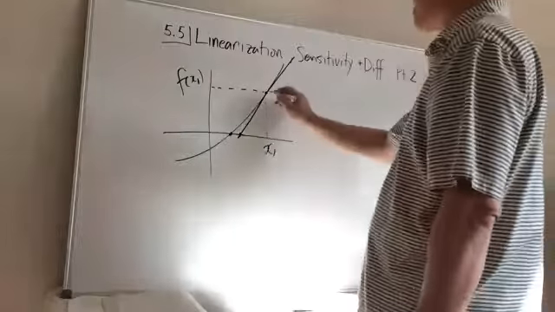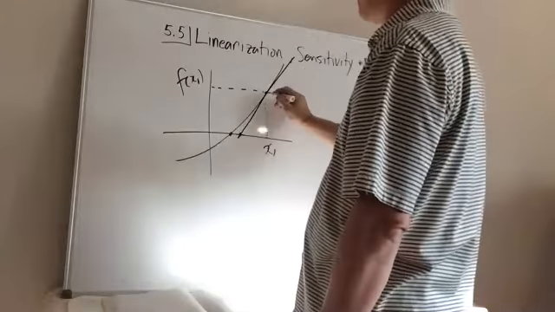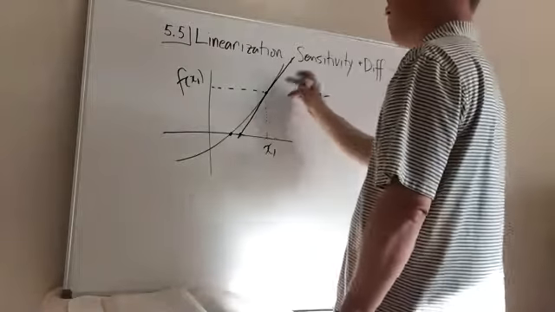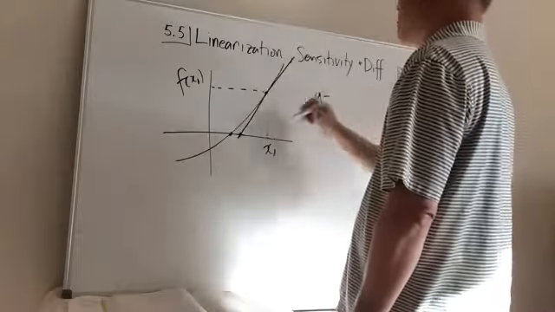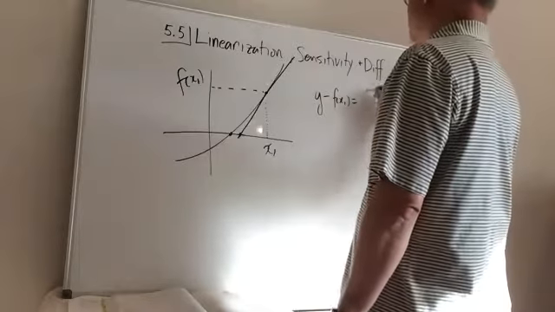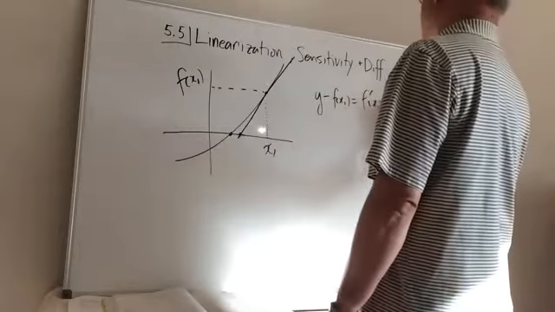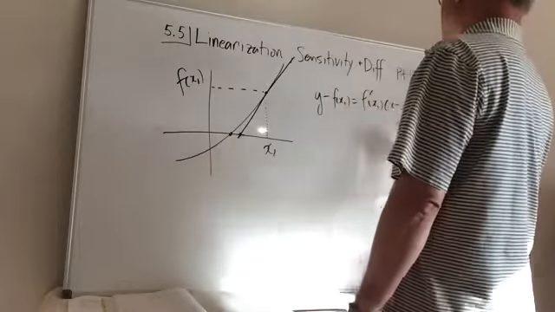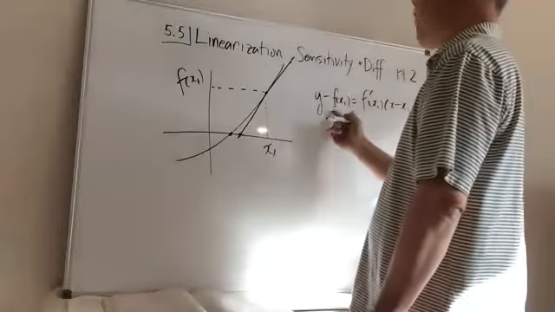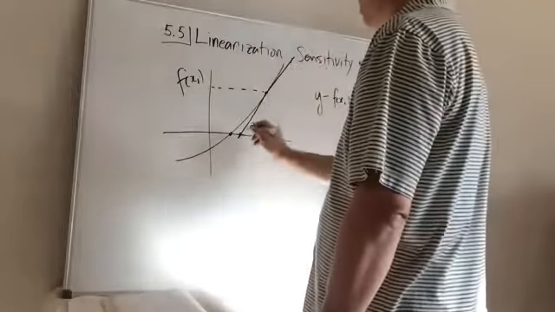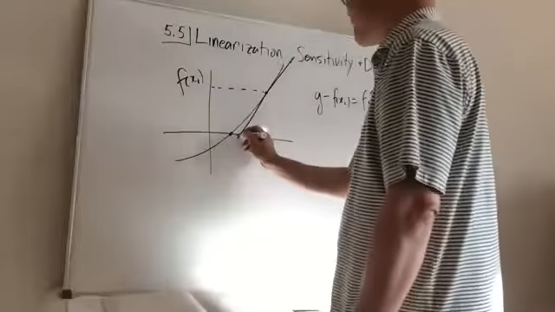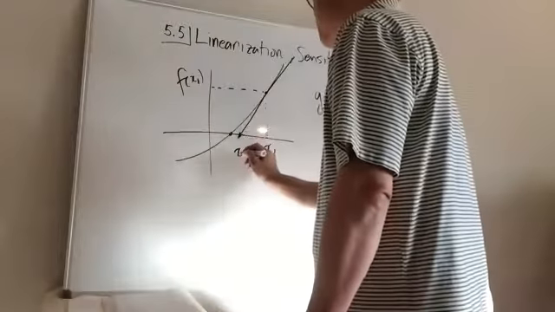If I found the tangent line, the function is going to be y minus f of x1 is equal to f prime at x1 times x minus x1, correct? That's the point-slope equation. If I set y equal to 0 here, I can find this point, which we'll call x2.